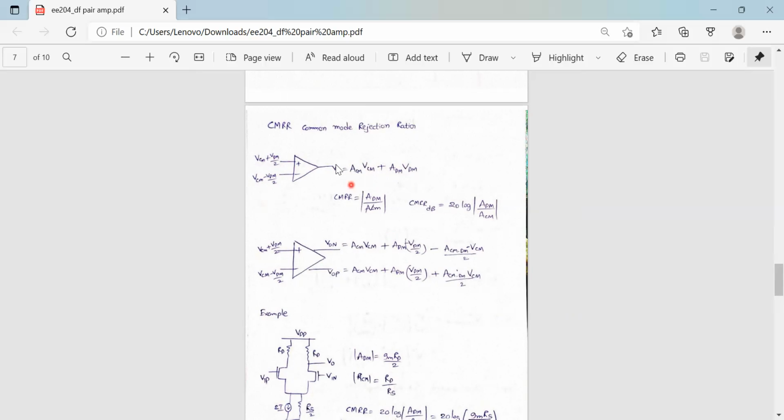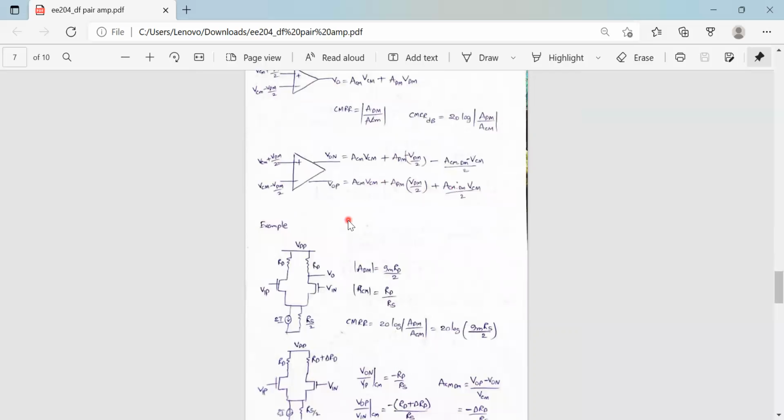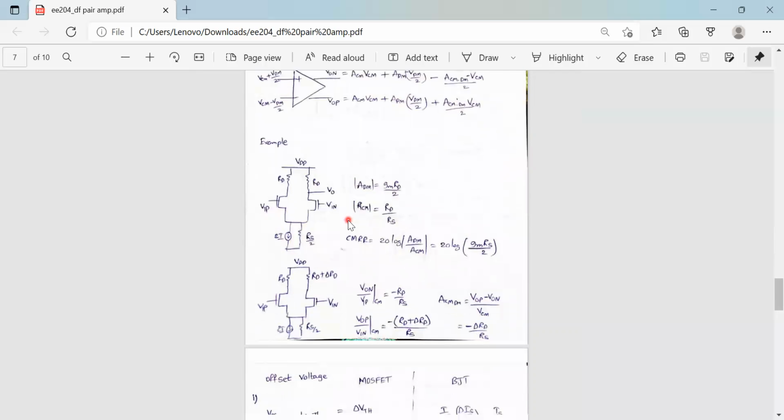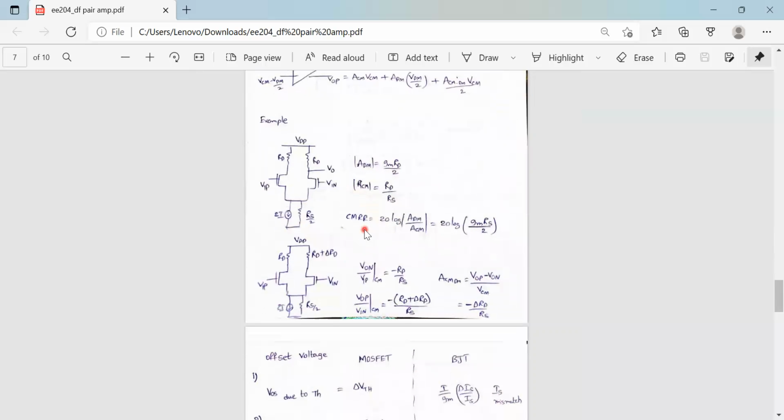The common mode rejection ratio, which we already discussed, is the ratio between ADM by ACM. In decibels, it is 20 log ADM by ACM. In this example, ADM is GM RD by 2 and ACM is RC by RE.